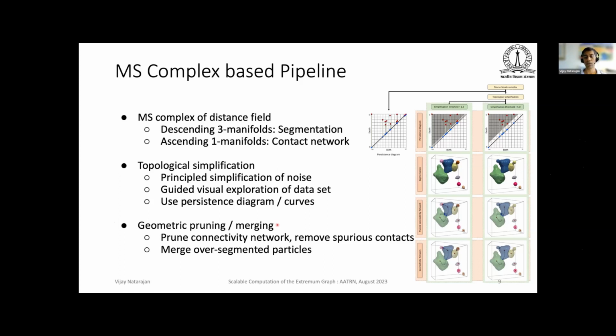It allows us to remove spurious contacts between adjacent segments, and also merge particles that could be over-segmented. And hence it allows us to quickly converge to a connectivity network and a segmentation that is stable.